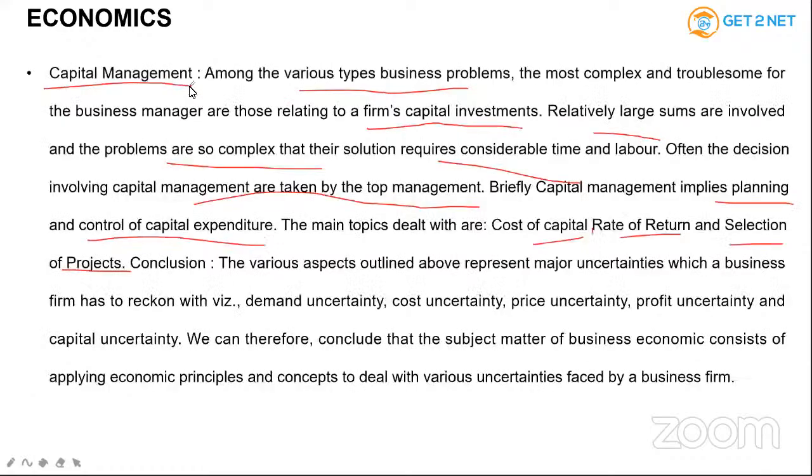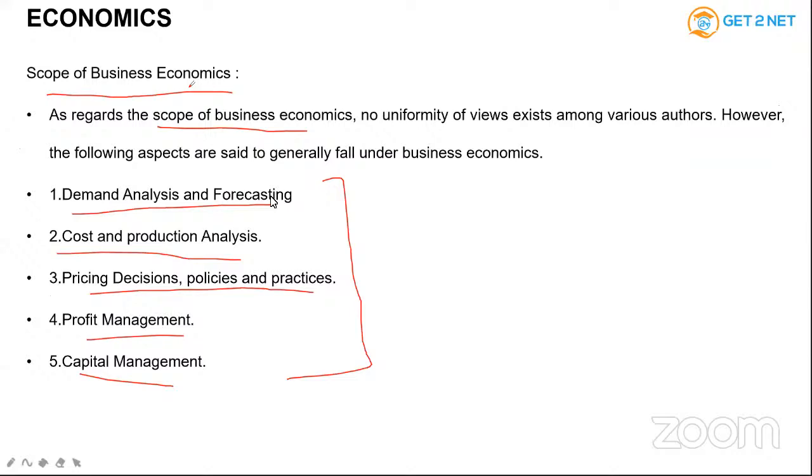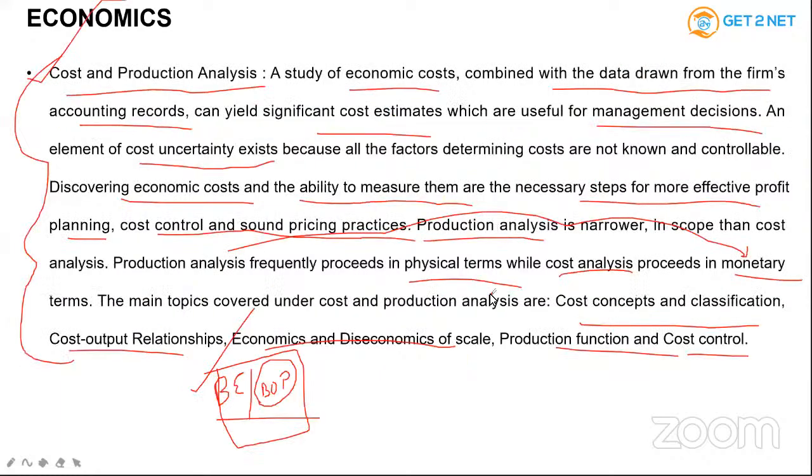Clear, all of you? The 5 points. First was demand analysis and forecasting. Here we had 3 things: demand determinant, demand distinction, demand forecasting. Cost and production analysis: we have cost concept and classification, cost output relationships, economies and diseconomies of scale, production function, and cost control.